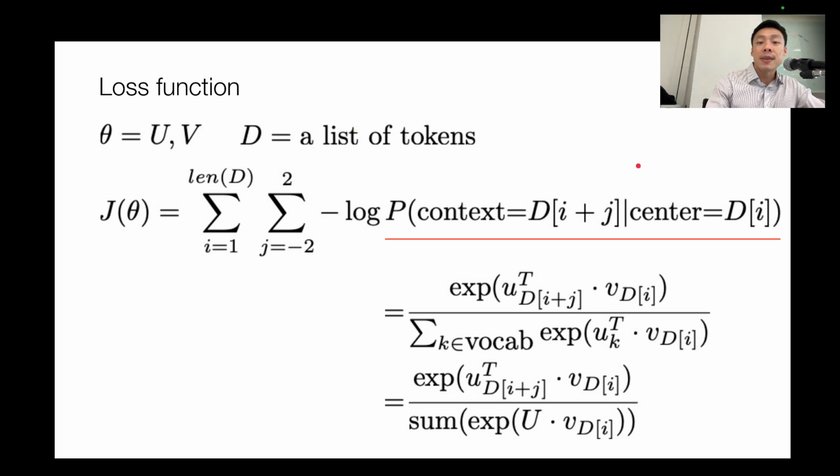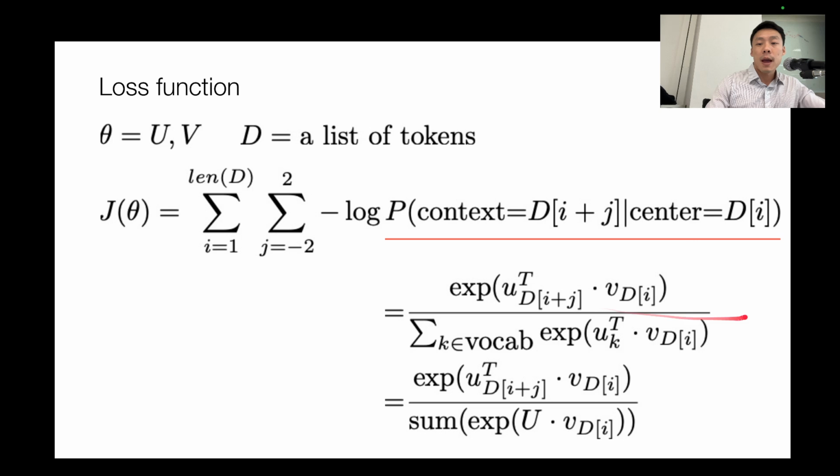And then for each word, this is the main for loop. You pick that word as a center, and you try to predict the words that are surrounding that word. That's why you have the context equal to w of i plus j, j being to the left of the center or to the right of the center, and you sum up the log probability of all surrounding words.